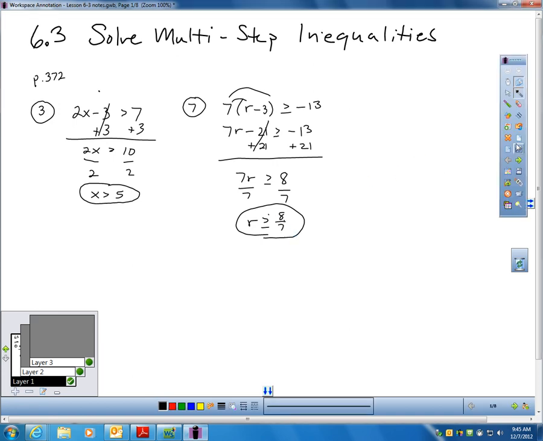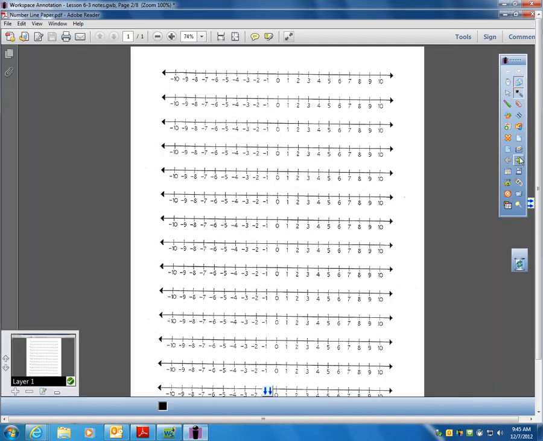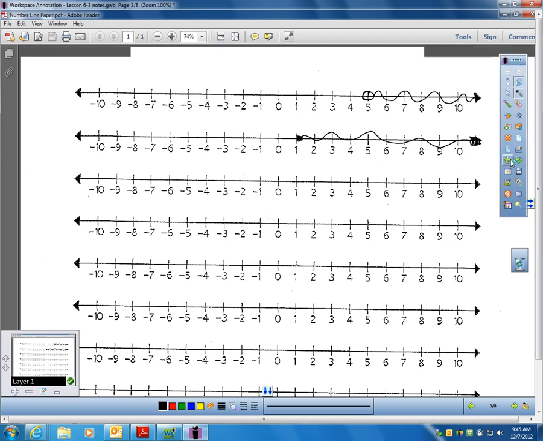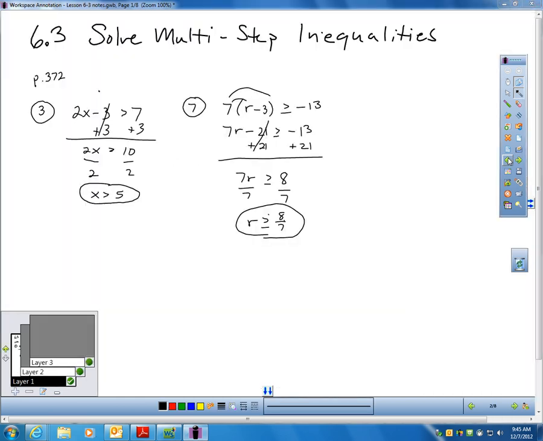Okay, I need to graph that, so I will go to my number line. I will put a closed circle at 8 sevenths, which is just past 1. And I said it was greater than that, so there would be a graph of that, arrow pointing right. Okay?